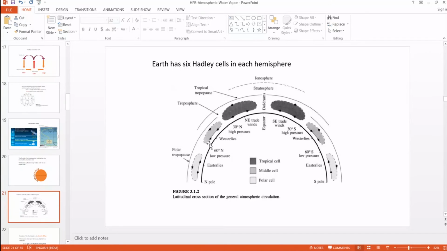Then at 60-degree latitude, because of the incoming winds from the poles, it goes up and again blows towards the equator. So this is the intermediate cell. These three cells, or these six cells in one hemisphere, drive the wind system.